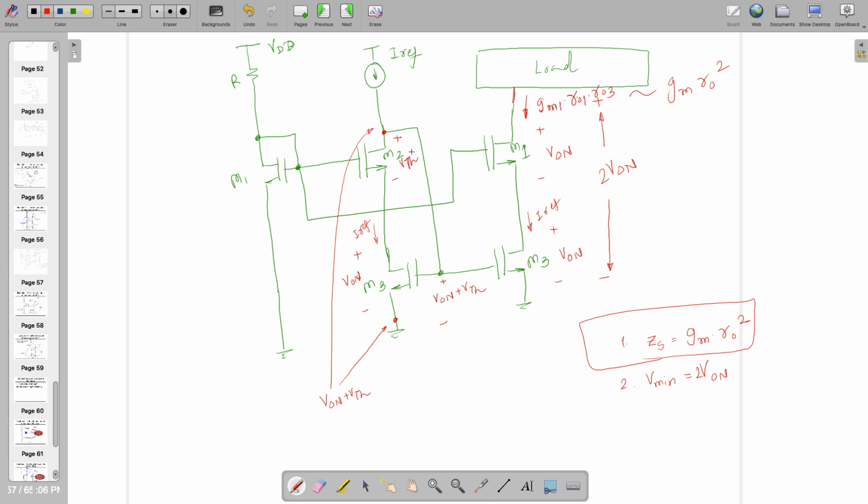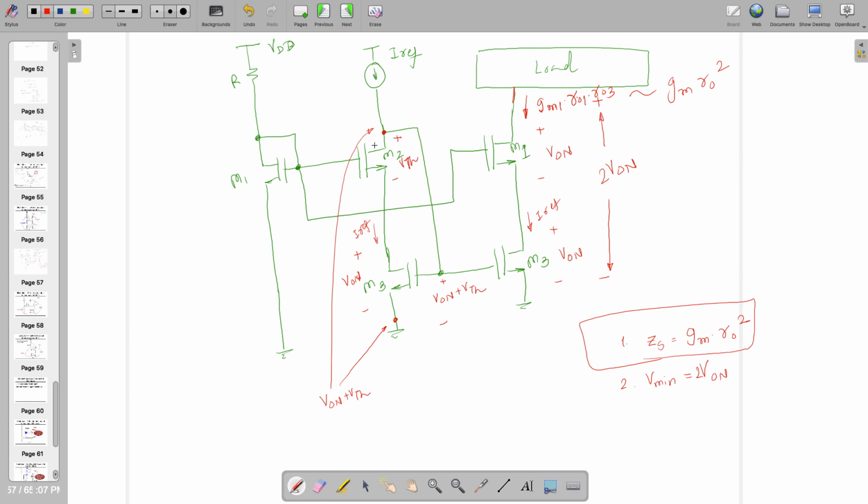For saturation, you need at least a VDS sat or V on potential, which is more than 250 or 300 millivolt. Maybe VTH might not be that much, and you end up with something which is out of saturation.